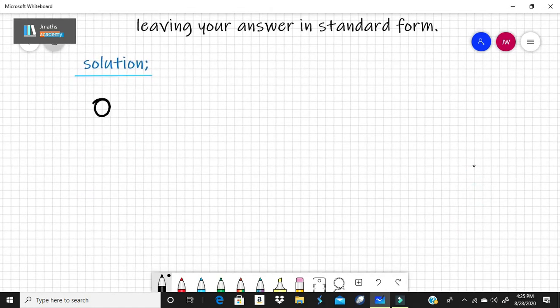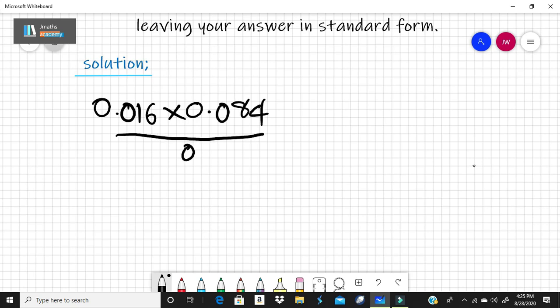So we have 0.016 multiplied by 0.084 all over 0.48. And the first thing to do is to express them into standard form like expressions.